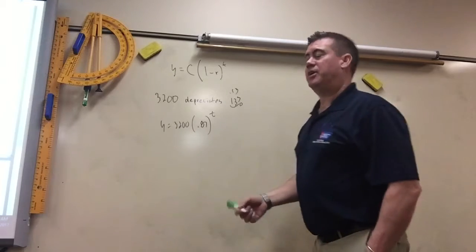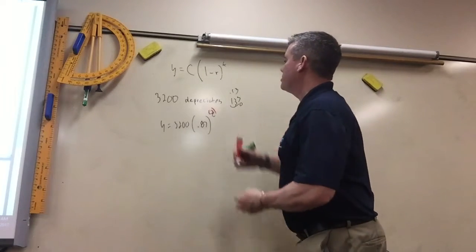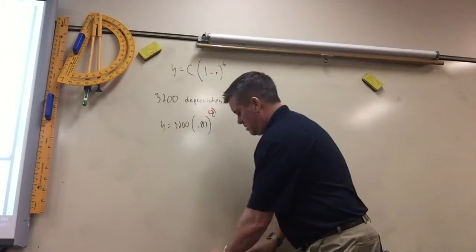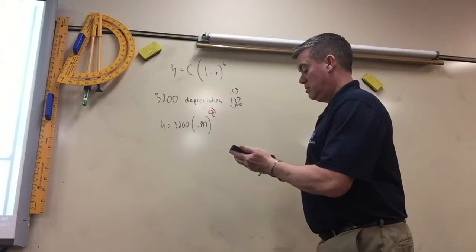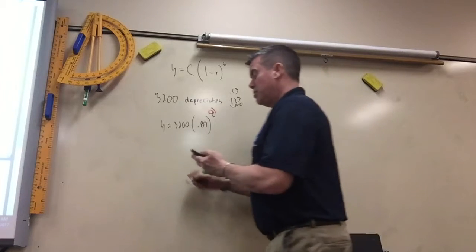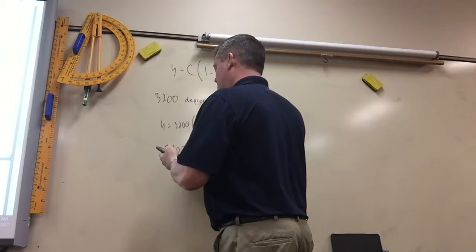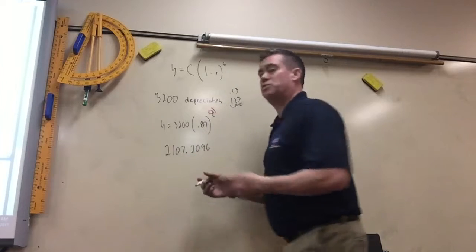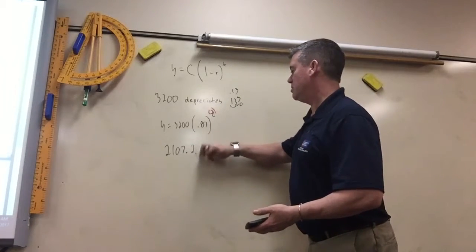And then when they say to figure out the value after a certain amount of years, here it's asking for 3 years, you just punch that in. And it gives you its value, $2,107.2096, which remember again, this is money, so it'd round to 21 cents.